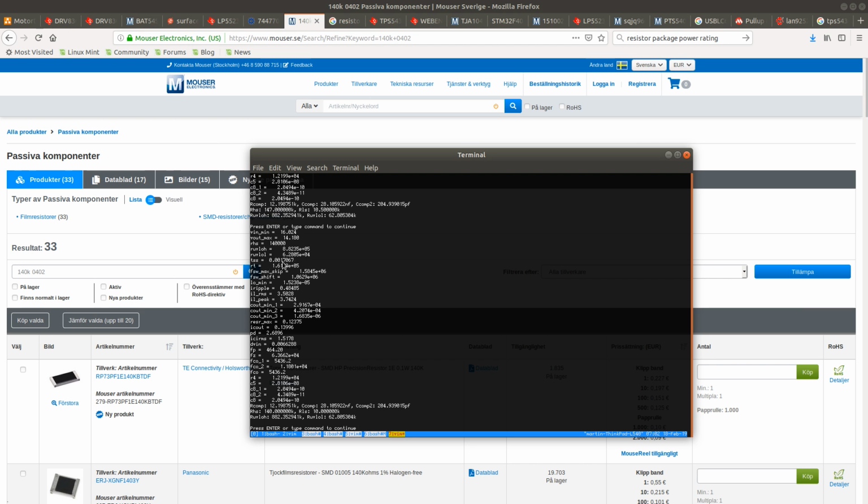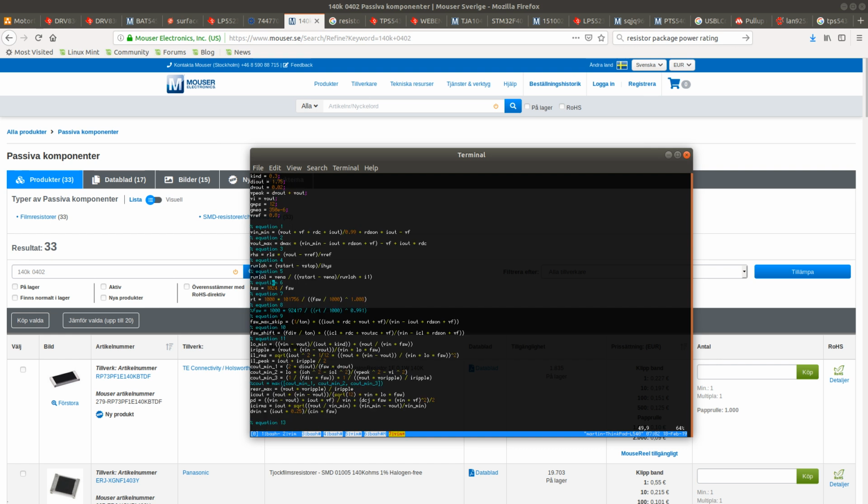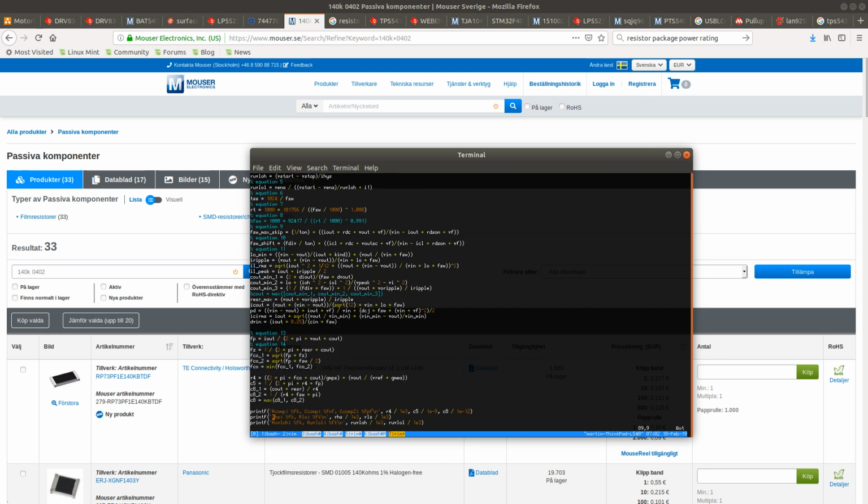Startup time is calculated to 1.7 milliseconds. RT is the timing resistor. So I'm going to add it to our calculation, to our printout here.